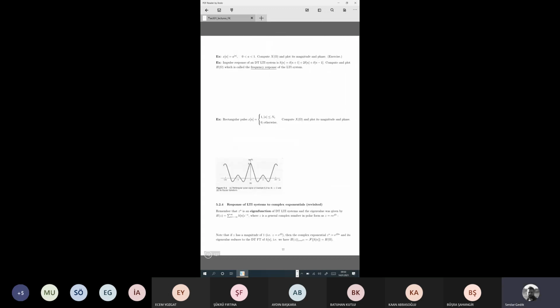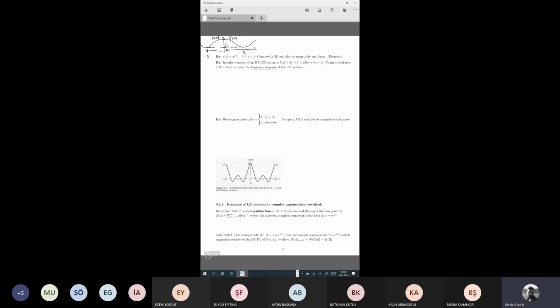Let me plot its magnitude and phase here. First, I will plot the magnitude. It is enough to plot for the interval from minus pi to pi, because you know that it's periodic. So it is just like this. The peak value is 1 over 1 minus a. By the way, this is the norm of x of omega, and this is omega.